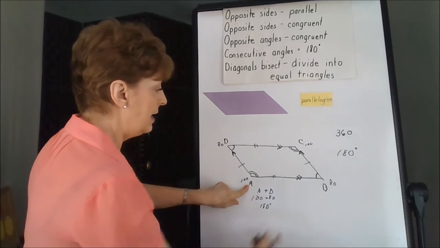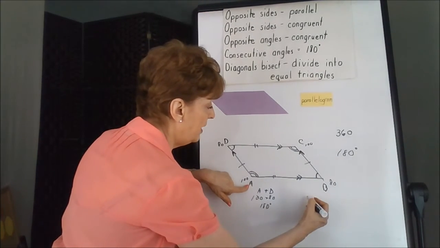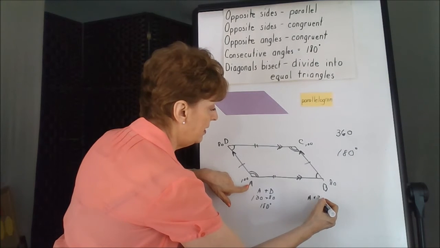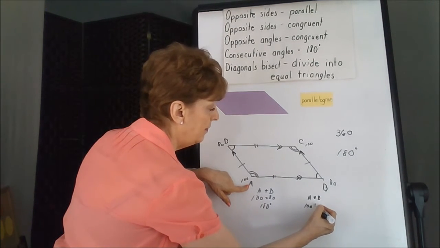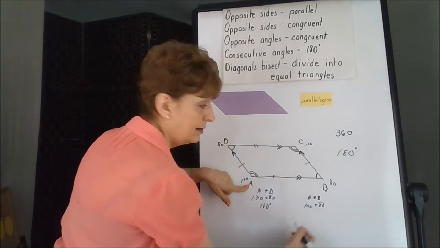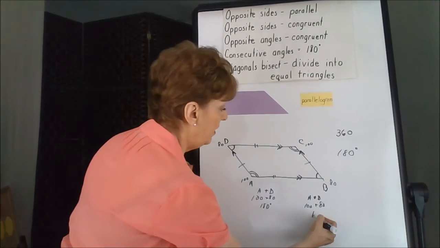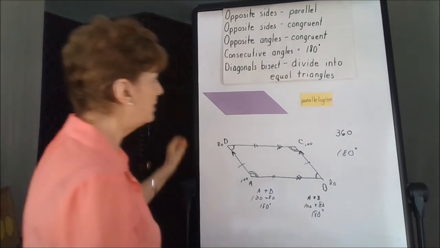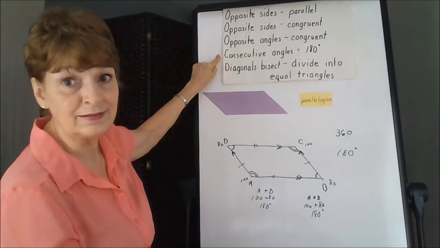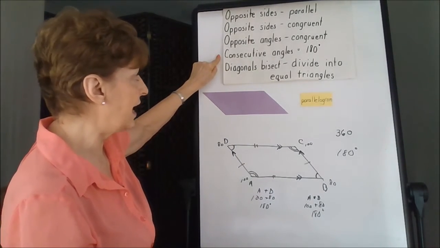If we were at A and we were doing consecutive to B, A plus B, A was 100, B was 80. So we would have 180 degrees.